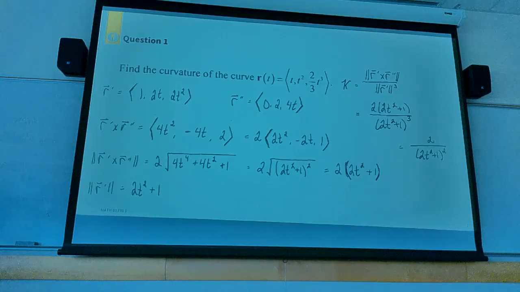That would be your curvature as a function of t. Which means your curvature is not constant, right? The curvature depends on where on the curve you're located.